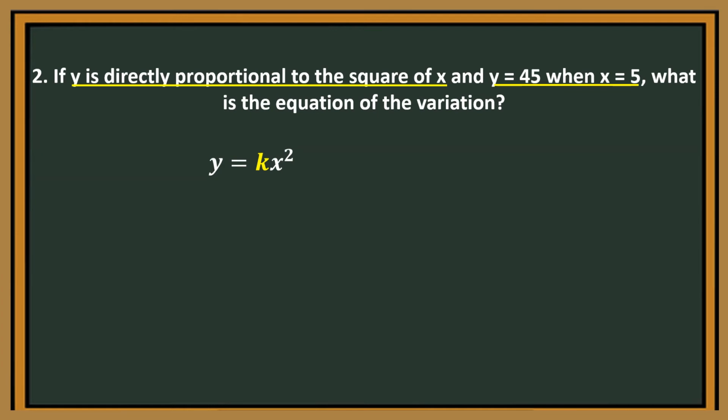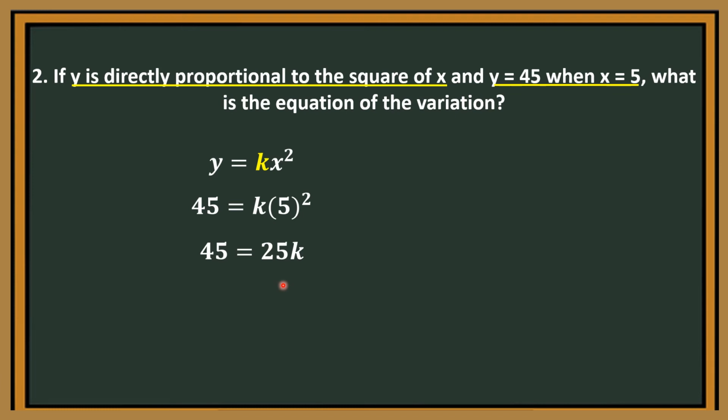By substitution, we substitute 45 for y and 5 for x. So that is 45 is equal to k times 5 squared. 5 squared is 5 times 5, equals 25. So now we have 45 is equal to 25k.